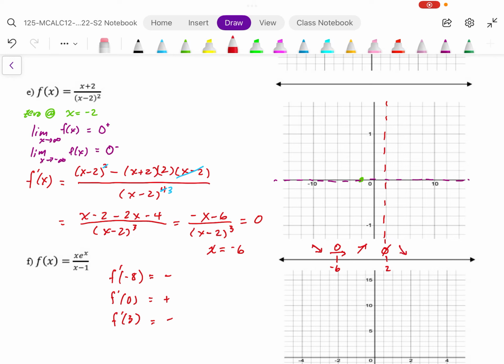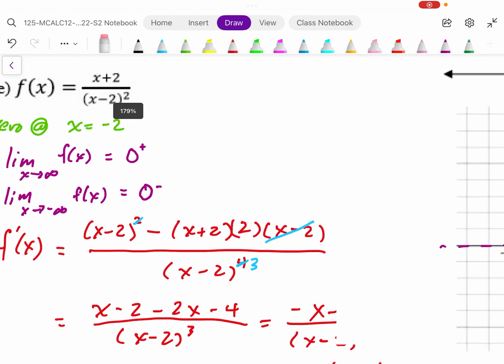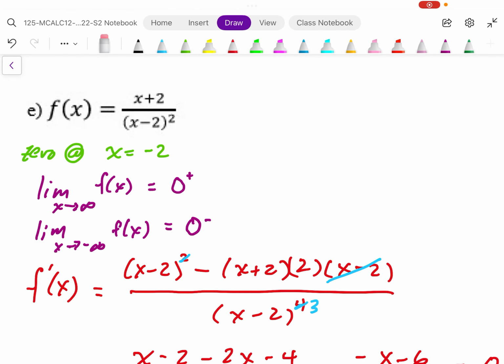So in this case, my slope is pointing up on this side and up on this side. Now this happens when we have a squared denominator, or when the multiplicity in the denominator is 2. That indicates that my graph is going to point the same way on both sides of the asymptote.